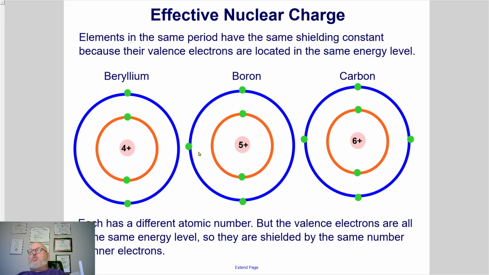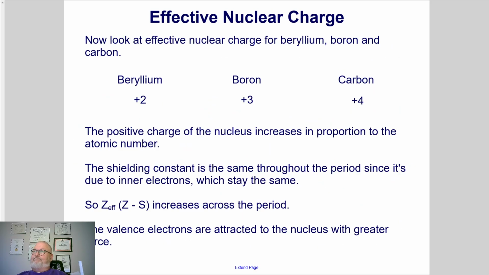Boron has 3 valence electrons. Carbon has 4. So beryllium has a Zeff of 2, boron has a Zeff of 3, and carbon has a Zeff of 4. What does that mean for the valence electrons? It means that the positive charge increases as the atomic number increases.